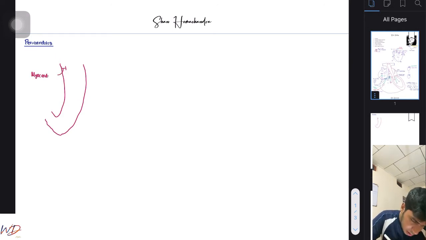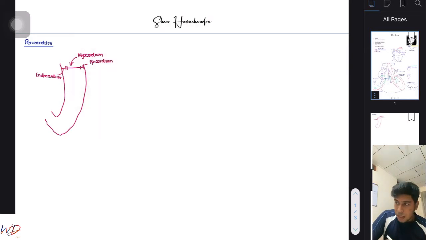The innermost layer is called the endocardium. The thick middle layer is the myocardium. And the outer layer is the epicardium.